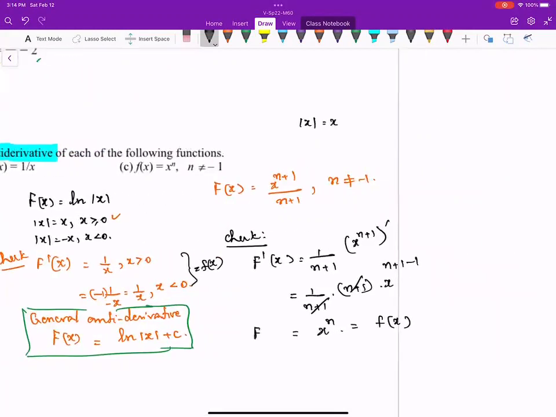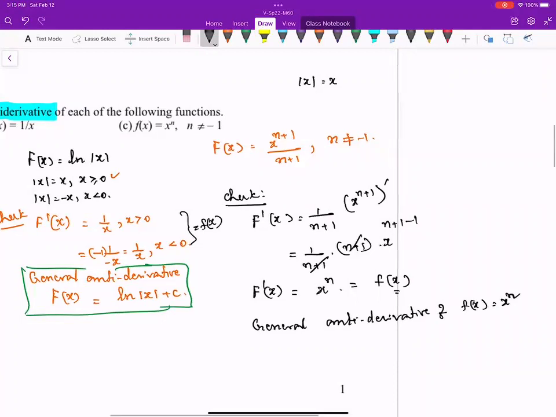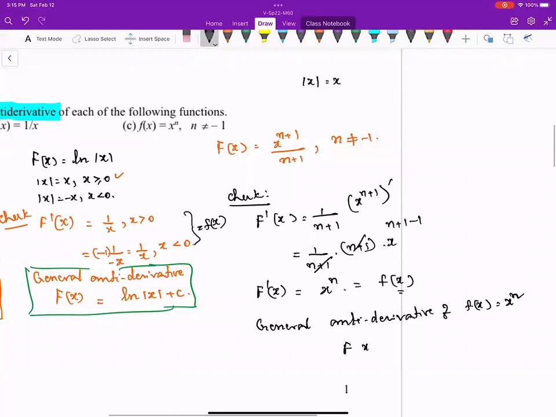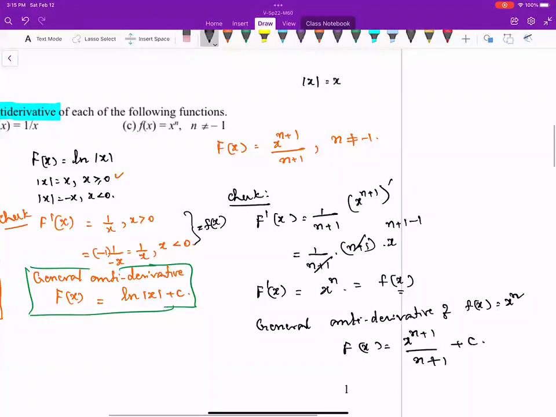So we notice that if you differentiate your answer, you get the original function back. That's a way to check. So the general antiderivative of the function f of x, which is equal to x to the n, is x to the n plus 1 over n plus 1 plus an additive constant.